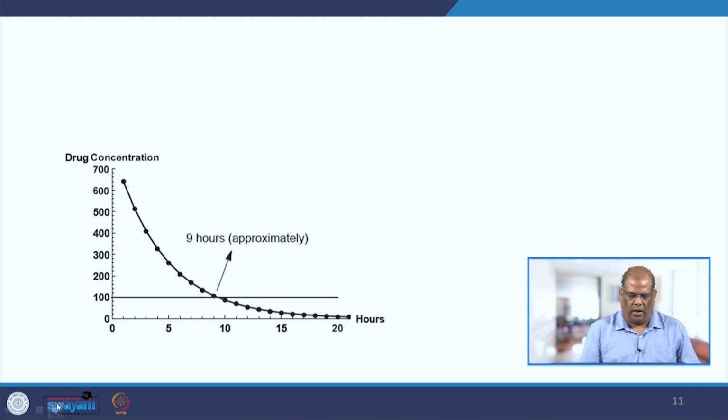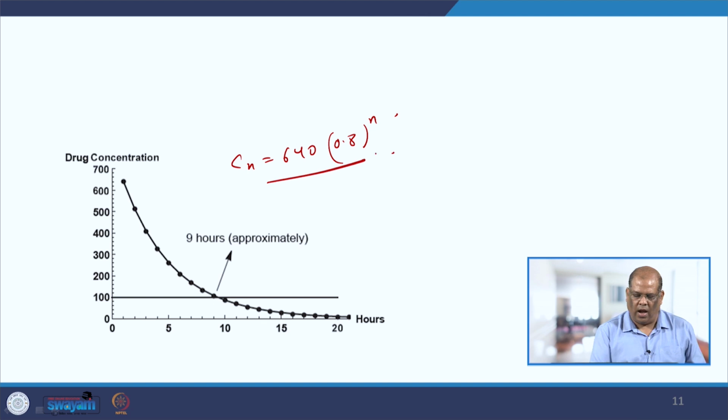In this, it is shown that this is the concentration of the drug, which was Cn equal to 640 into 0.8 to the power n, and we have plotted this, and this is the line for 100 mg per L. So, both intersect somewhere here, and it shows that approximately 9 hours will be needed so that the concentration of the drug reaches 100.